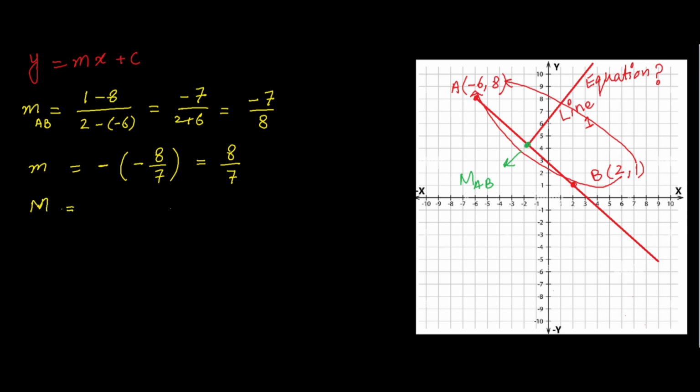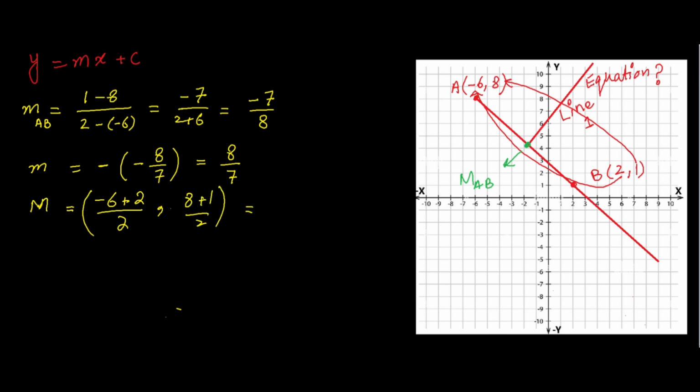The formula for the midpoint is x1 plus x2 over 2 and y1 plus y2 over 2. So in coordinates A and B, first we add the x coordinates, minus 6 plus 2 over 2, and then we add the y coordinates, 8 plus 1 over 2.